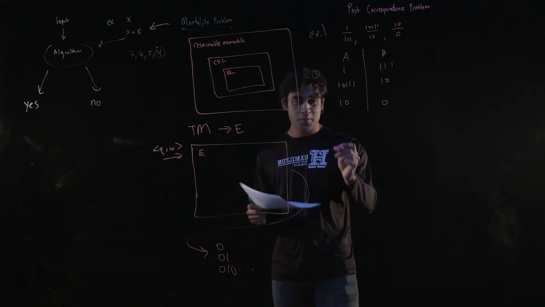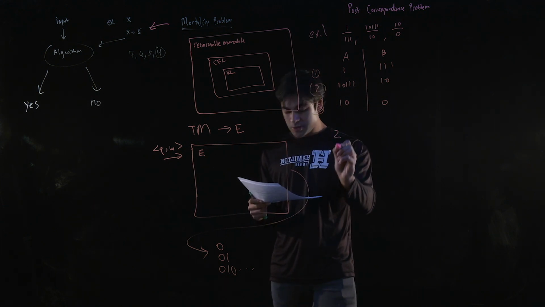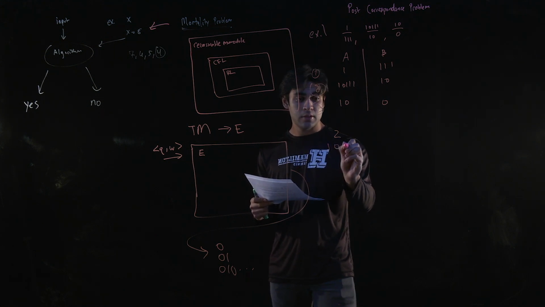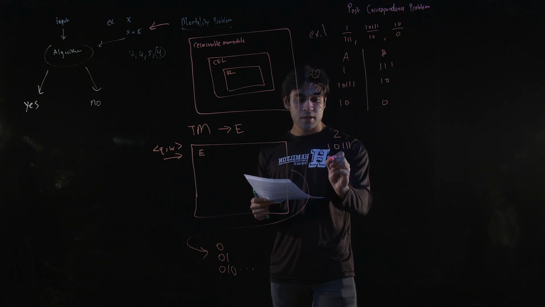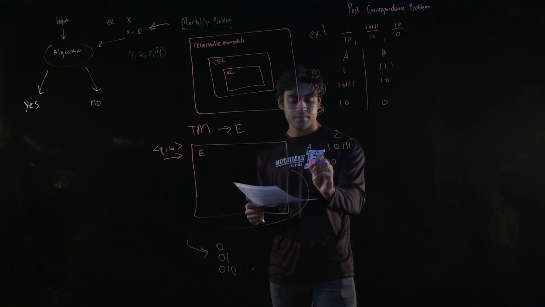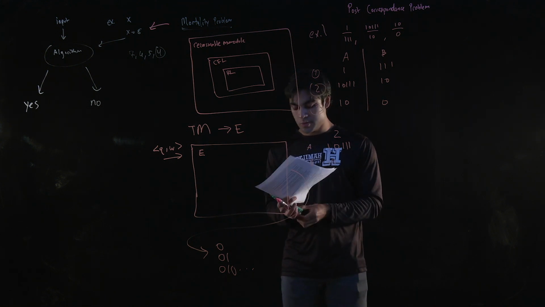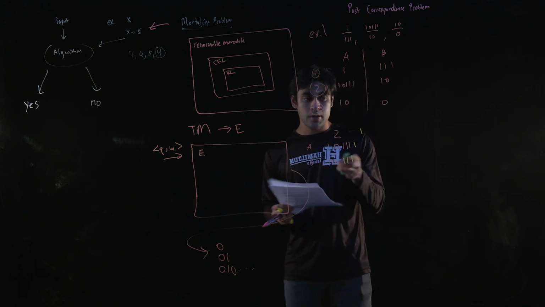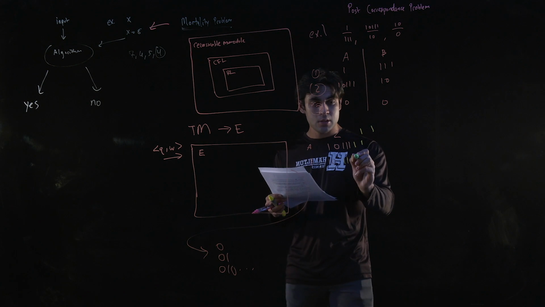I'll randomly choose 2 as my first selection, have that on the top, so that's the first choice, and this is the bottom. Then I'll choose domino 1, U on top, and U on bottom. Then I'll choose domino 1 again, and have U on top and U on bottom.